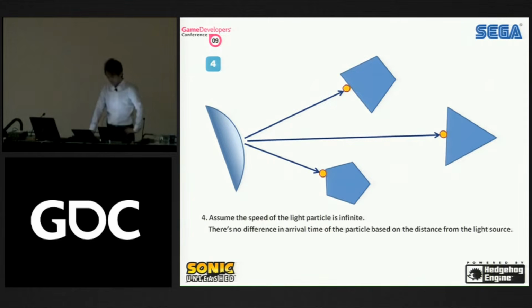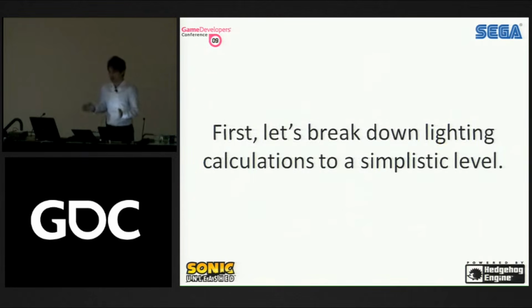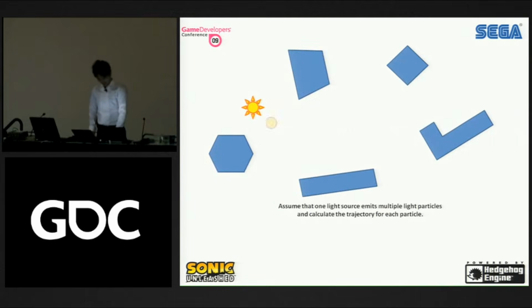And we also assume that the speed of the light particle is infinite. There's no difference in arrival time of the particle based on the distance from the light source. So no matter what the distance, the light will arrive at the same time. So based on this basic principle, let's break down lighting calculations to a simplistic level.